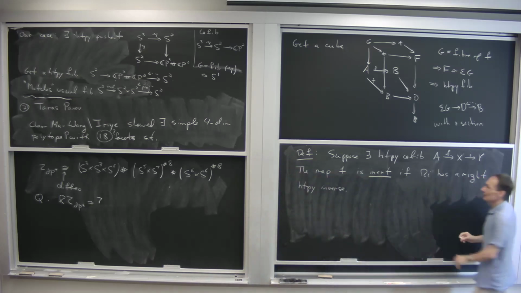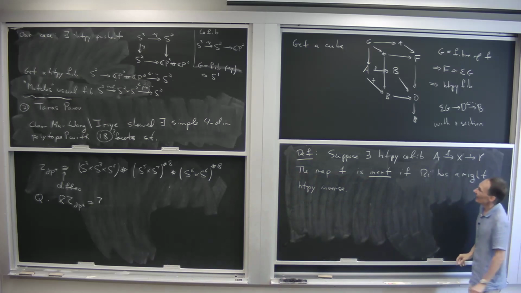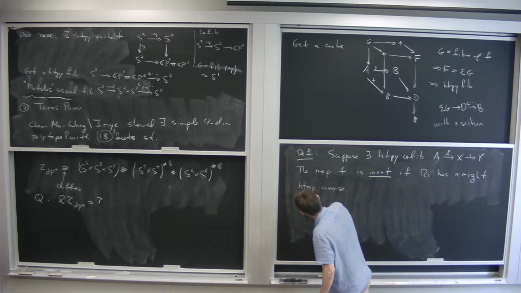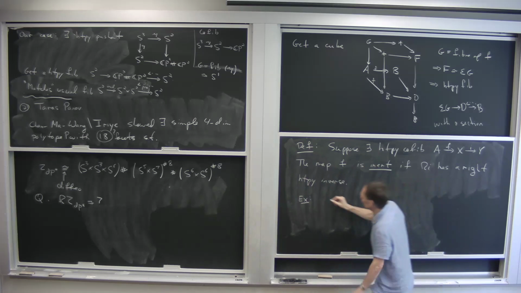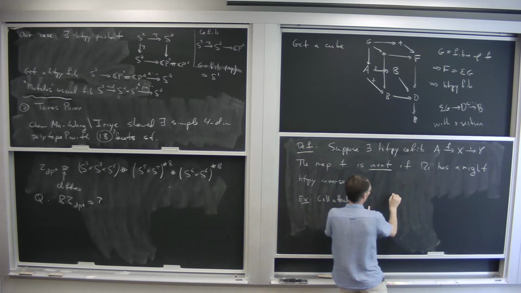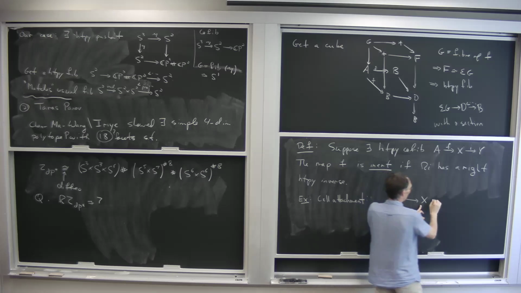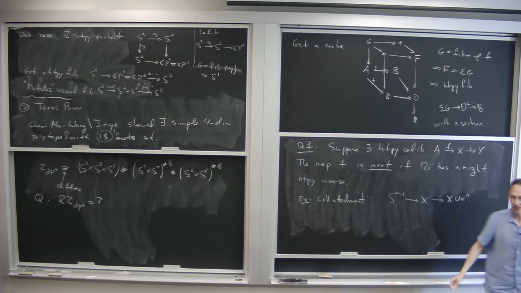So what's going on is that you've got loop Y retracting off loop X, right? And it might be easier, the example that you would normally think of would be something like a cell attachment, where you've got an S^(n-1) mapping to some X, and you're attaching an n-cell.